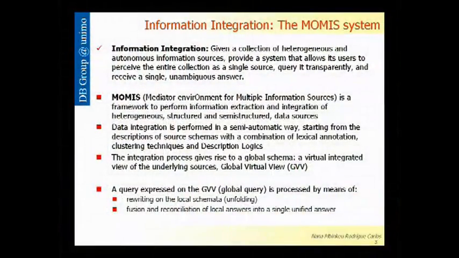MOMIS is an information integration system where a global query posed by the user is rewritten over local sources. Each local source provides a partial result, which is fused and reconciled into a single unified answer.